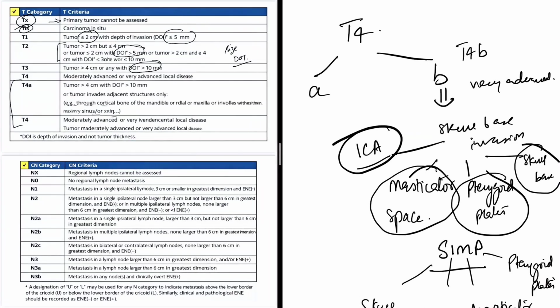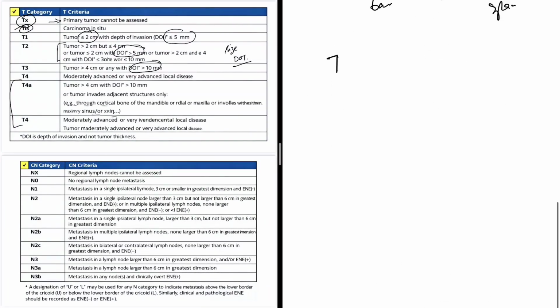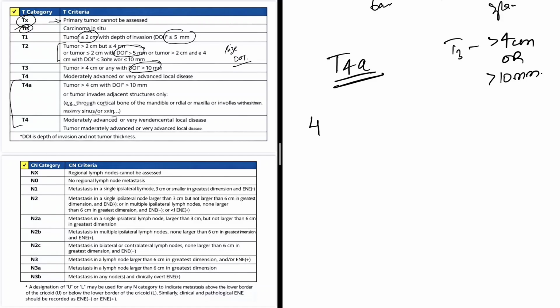Now in T4A, what comes? We saw that in T3, we have either more than 4 centimeter or more than 10 mm depth of invasion. But in T4A, the tumor is to be more than 4 centimeter with more than 10 mm depth of invasion.